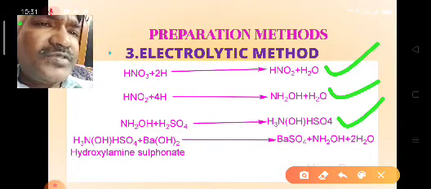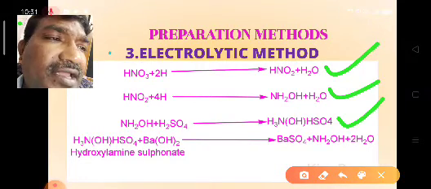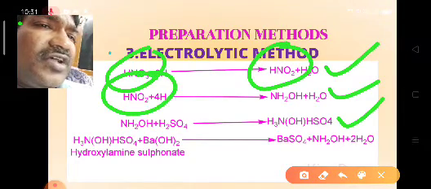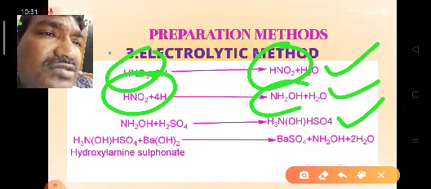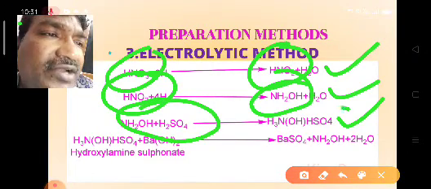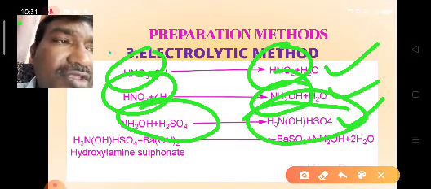So, first of all, what happens? Nitric acid is reduced to nitrous acid. Then nitrous acid is reduced to hydroxylamine, and the hydroxylamine reacts with the sulfuric acid and forms a salt, hydroxylamine sulfonate.